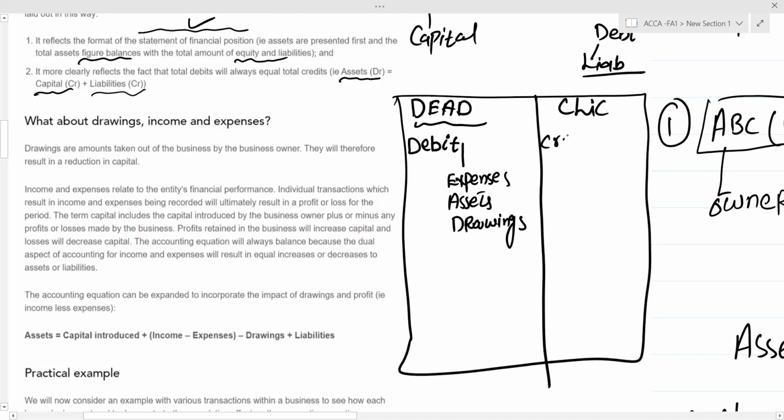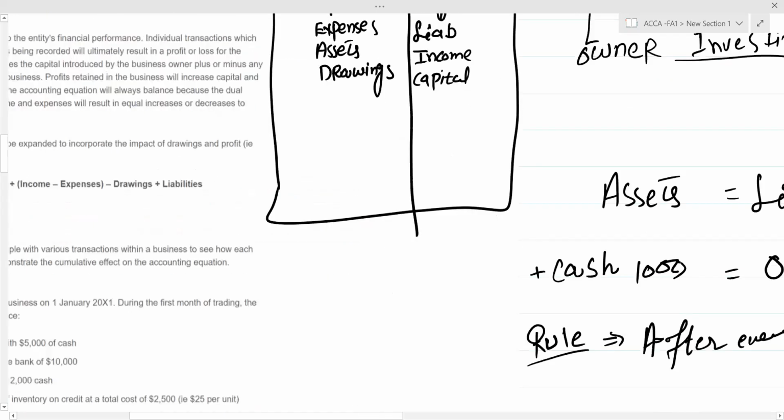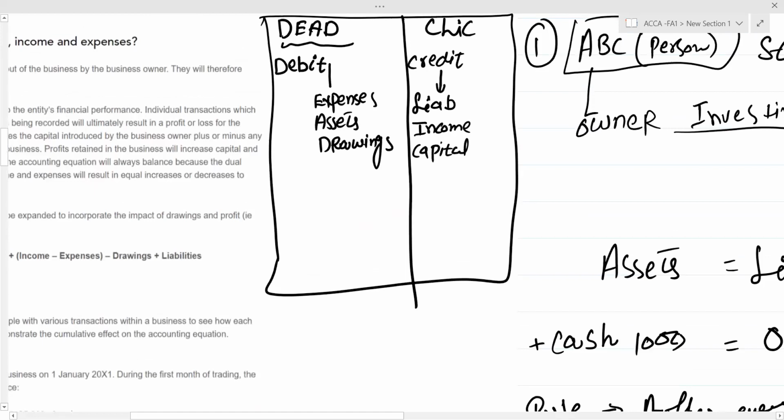The C is for credit. So we will credit liability whenever there is an increase in liability, income whenever there is income, and capital. Remember two important things relating to these mnemonics. When I say debit assets, this means an increase in assets.